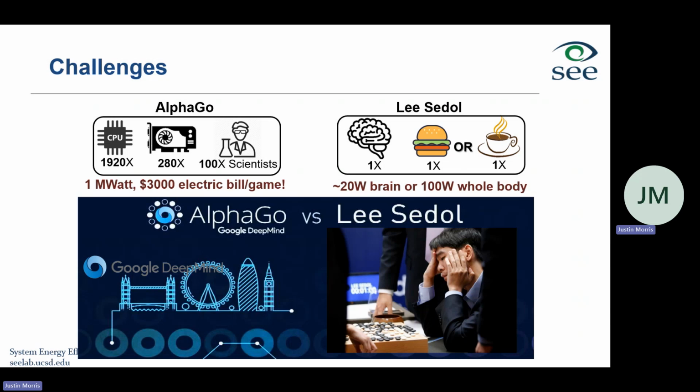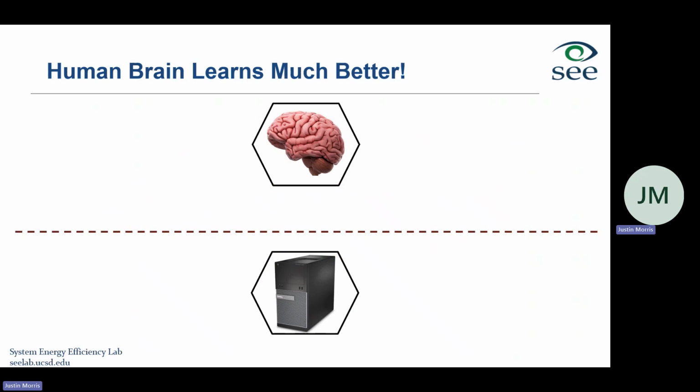And about a year or a year and a half after AlphaGo beat VHDL, VHDL beat AlphaGo the next year. So he's better at it, and he's much more efficient, right? So we know that the human brain learns much better.